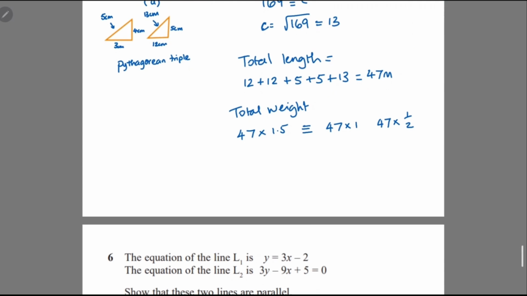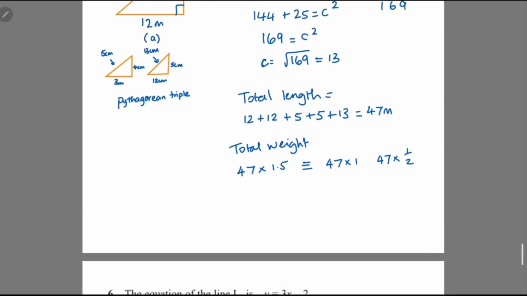Now 47 times 1, that one's straightforward because that bit's just going to be 47. Now 47 times a half is basically the same as saying divided by 2. Timesing anything by half means divided by 2. So we can divide 47 by 2.